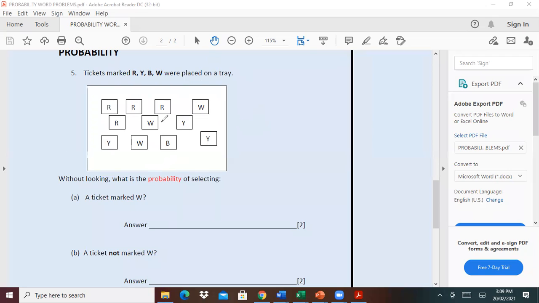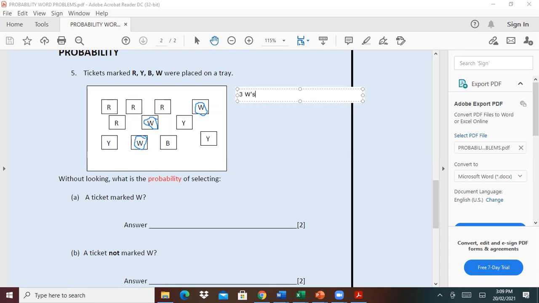So let's see, how many W's do we have in this figure? That's 1, this is 2, and this is 3. Okay, so we have 3 W's. And we don't see any more, right?